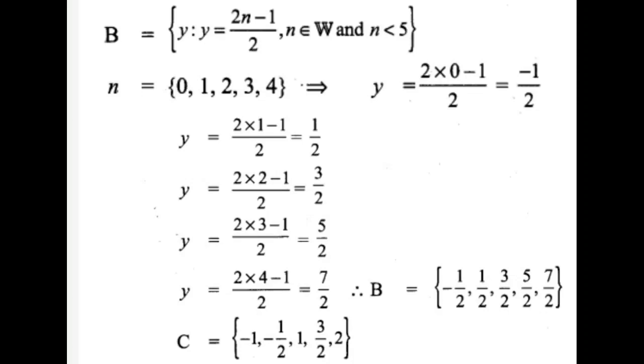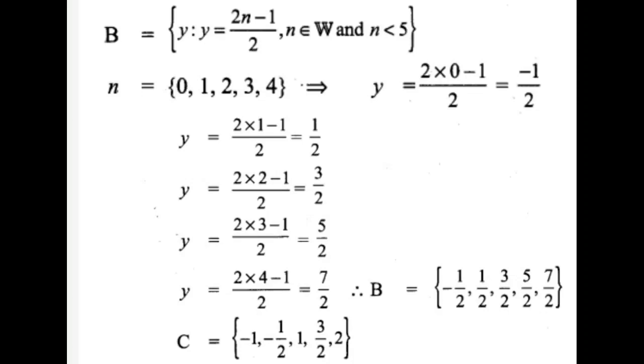Therefore, y is equal to 5 divided by 2. Put n is equal to 4. Y is equal to (2 into 4 minus 1) divided by 2, 2 4s are 8, 8 minus 1 divided by 2 is equal to 7 divided by 2. Therefore, the set B is equal to {minus 1 by 2, 1 by 2, 3 by 2, 5 by 2, 7 by 2}.